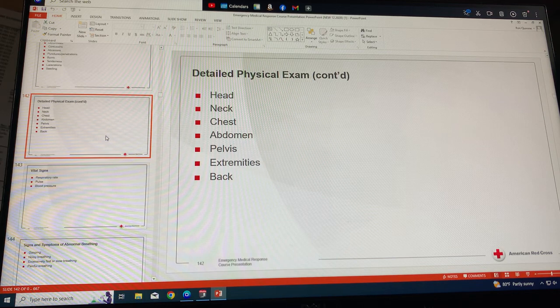So now let's discuss the chest. Check the collarbones and shoulders by feeling for deformity. Check the chest by asking the patient to take a deep breath and then blow the air out. Ask the patient if there is any pain. Auscultate for lung sounds if you are trained to do so.